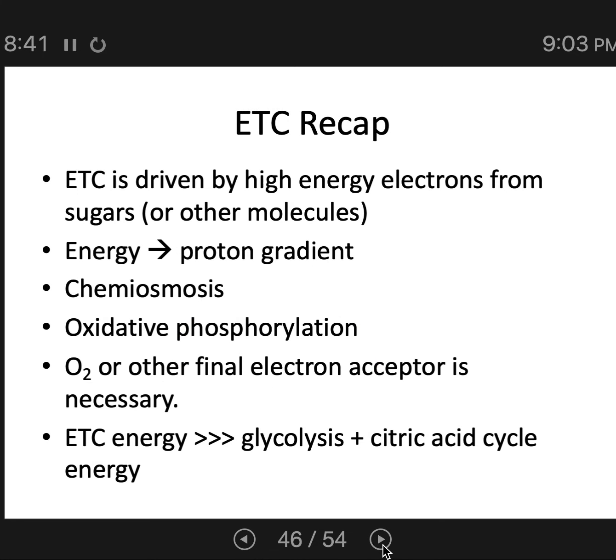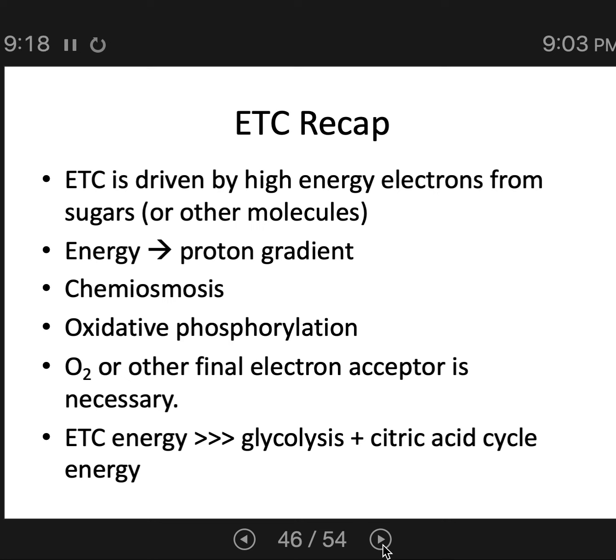All right, so let's just do an electron transport chain recap with anaerobic electron transport chains in mind. Electron transport chains are driven by high energy electrons from sugars or other molecules. So those high energy electrons came from high energy molecules. The energy of these electrons is used to generate a proton gradient across a membrane. It can be across the cell membrane for prokaryotes or across the inner mitochondrial membrane for eukaryotes.